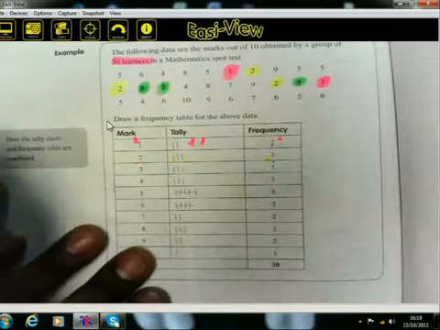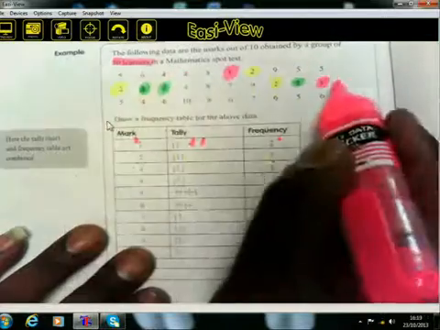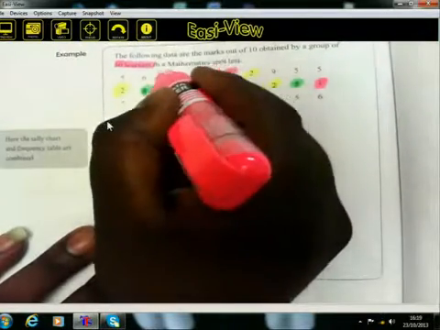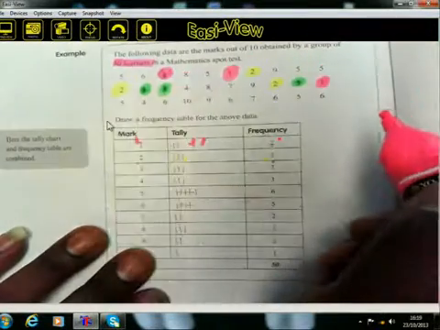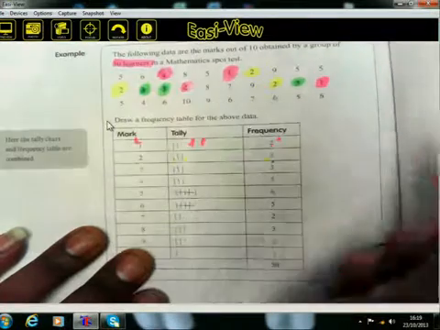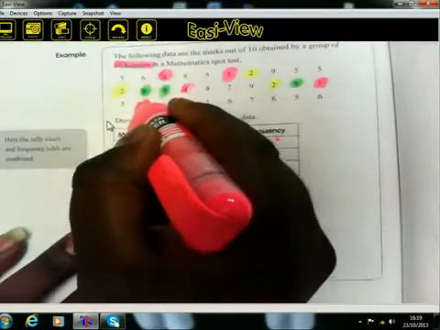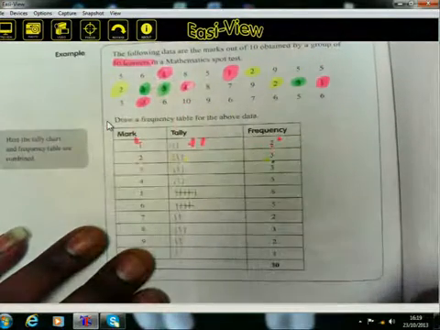Now we go to 4. How many 4's are we having? First row, it's only one 4. Second row, another one 4. Third row, another one 4. Do you see?